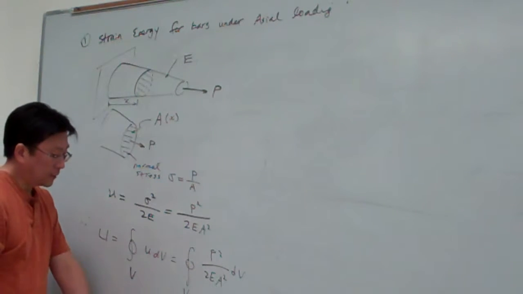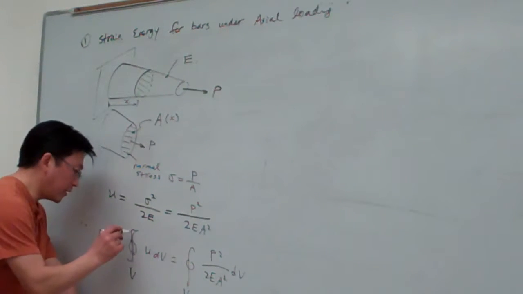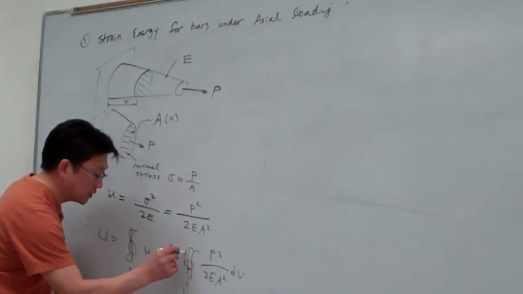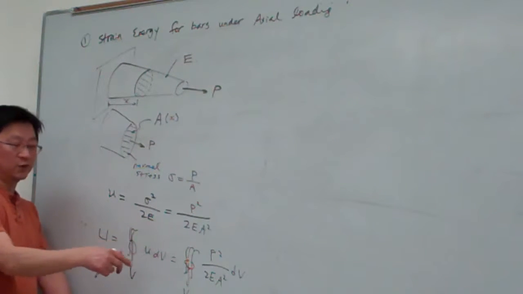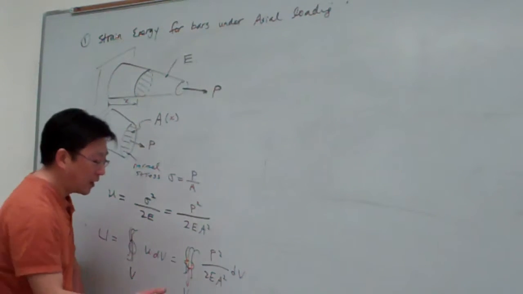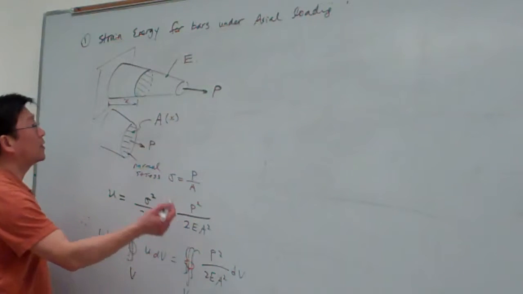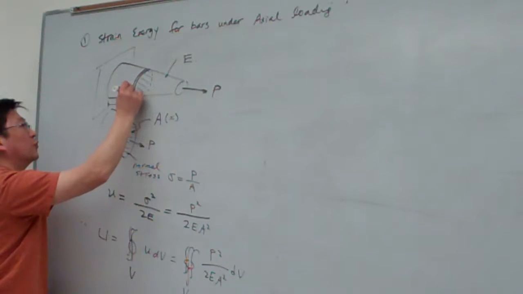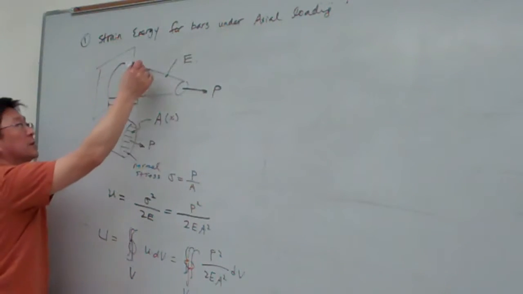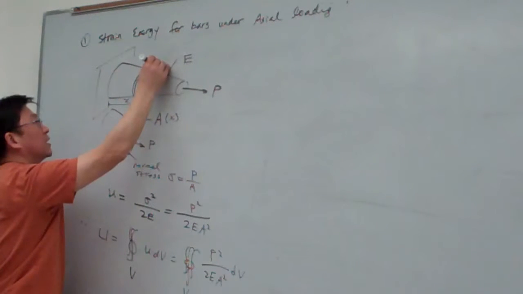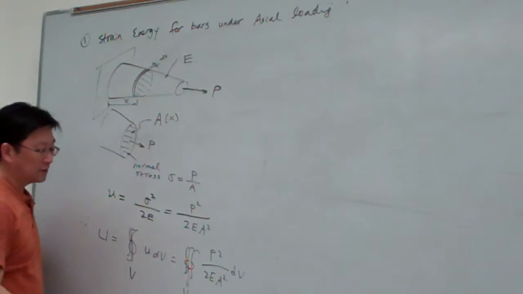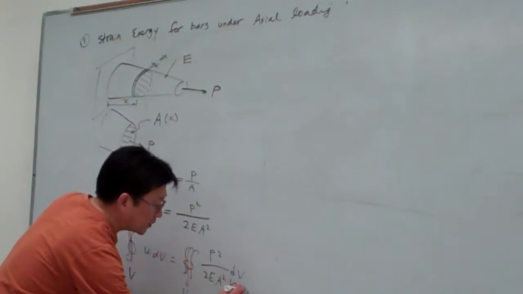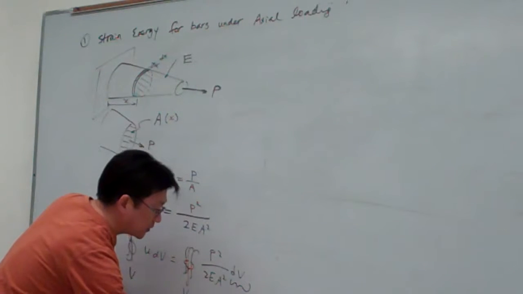Let me write it out, not to cause any confusion. Three integral symbols mean volume integral. And sometimes you can see the dV. What is dV? If I take a small strip here, a small plate with thickness dx, then dV can be replaced by A times dx, right?